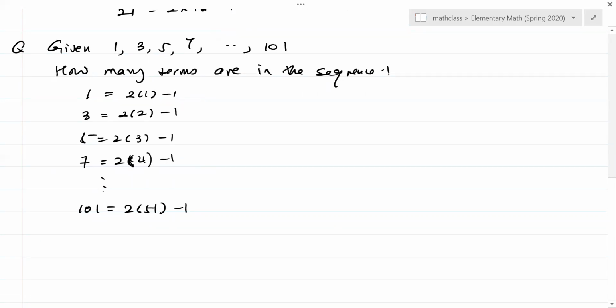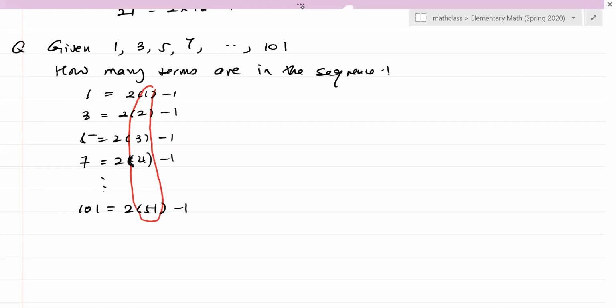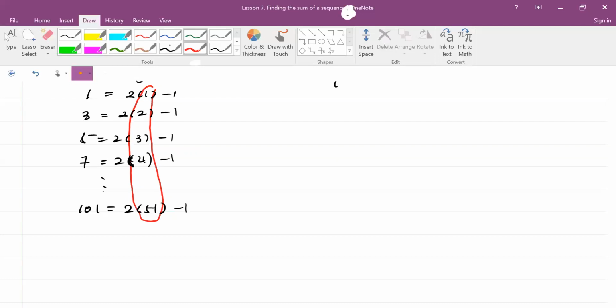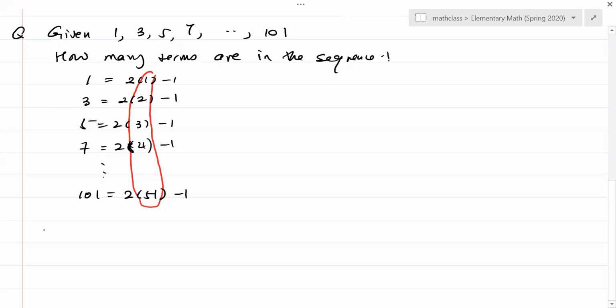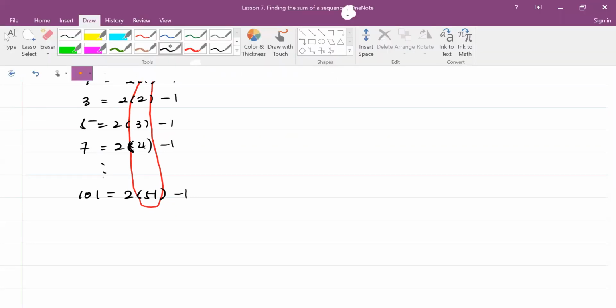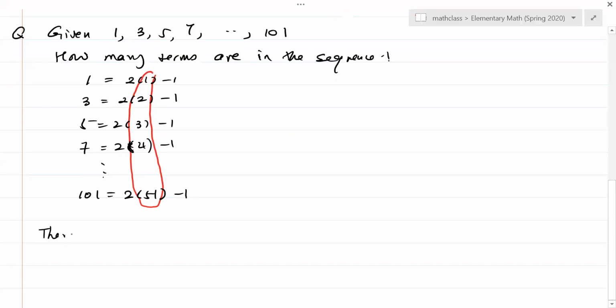Now, if you express it in that form, how many terms are determined by this sequence? This sequence is labeled by 1, 2, 3, 4, 5, all the way to 51. So clearly there are 51 terms in the sequence.